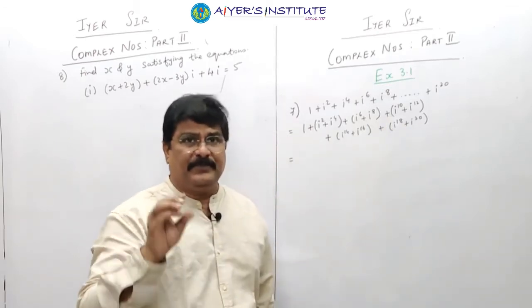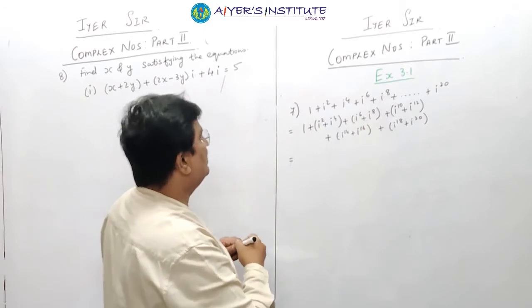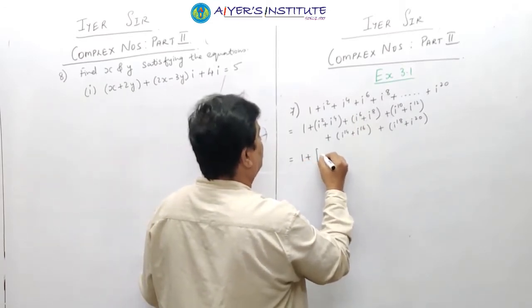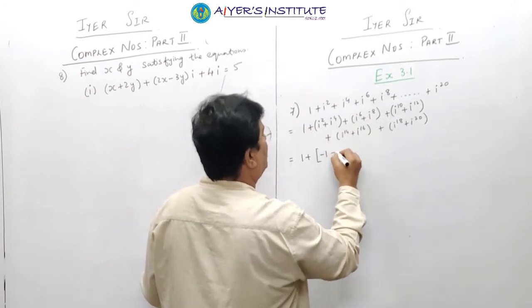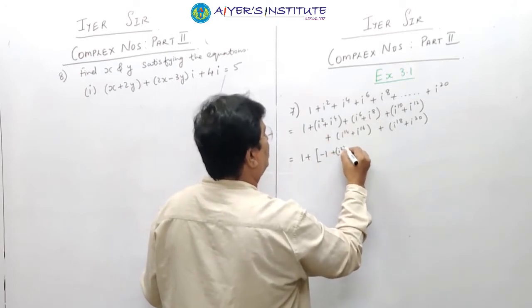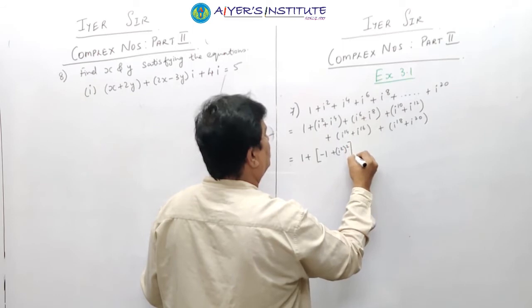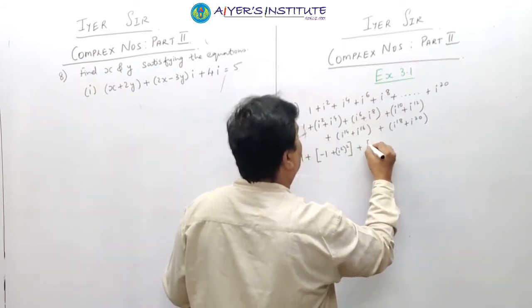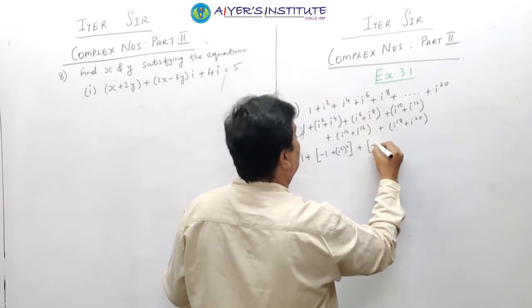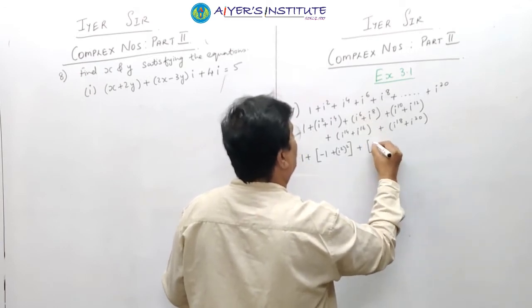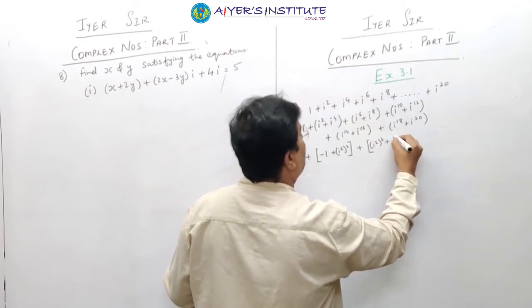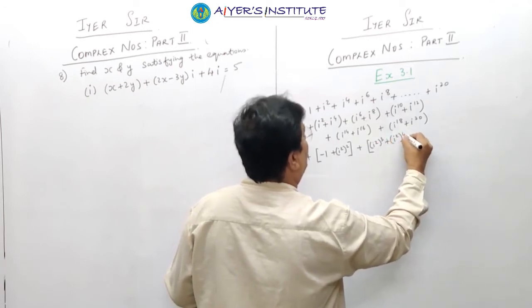As such, we'll take the breakup. The value of i square we all know is -1, and this will be i square the whole square. Similarly here, i raised to 6 will be i square the whole cube. I square the whole raised to 4.